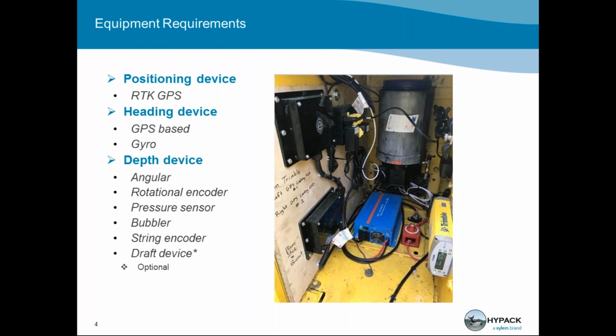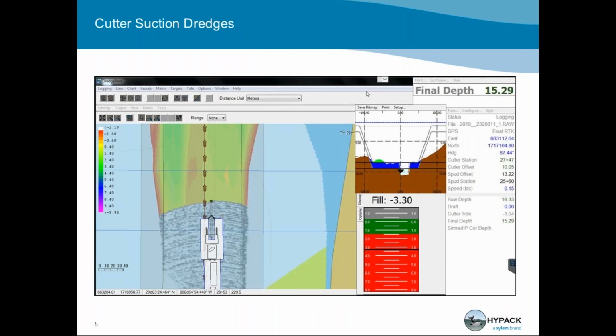These can be analog to digital sensors, or they can just be digital sensors. Bubbler sensors that calculate depth for hopper dredges, string encoders, and if you want a drafted device, we can interface to different types of draft devices as well. These are the basic requirements for dredging: position, heading, and depth.